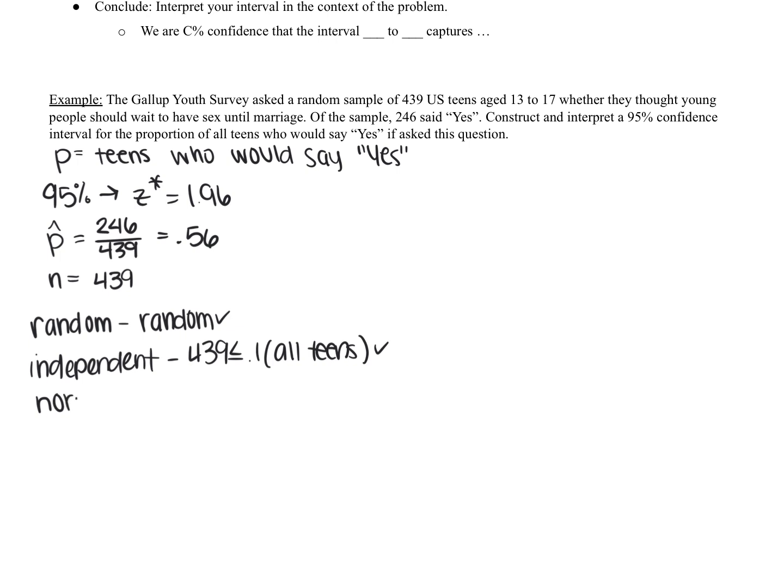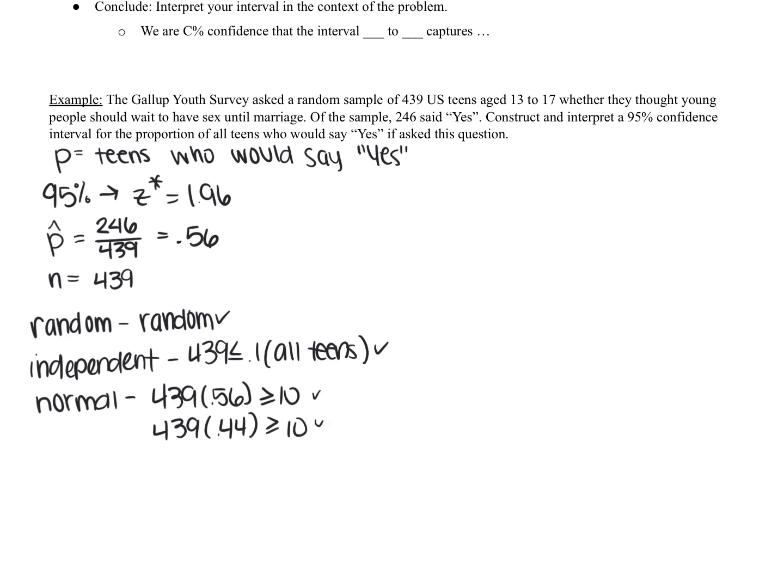And the last one is normal. So 439 times 0.56 has to be greater than or equal to 10, and 439 times 0.44 has to be greater than or equal to 10. And both of those are true.